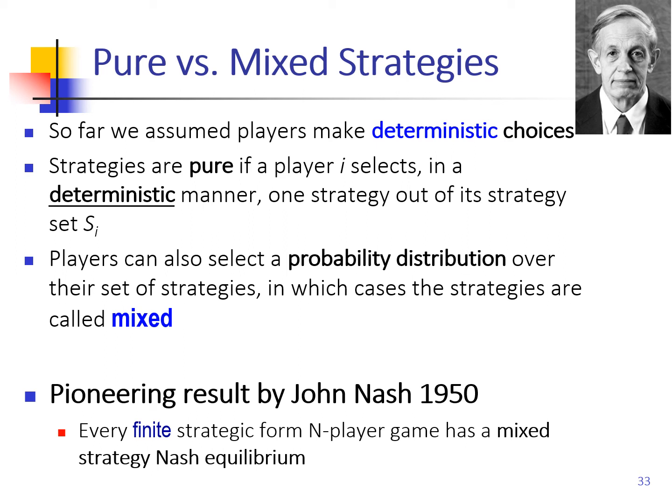This is a fundamental result, which constituted his thesis, that in the pure strategy case, it is not always so that a Nash equilibrium exists. However, in the mixed strategy case, there will always be an equilibrium. And this is fundamental in the game theory field.